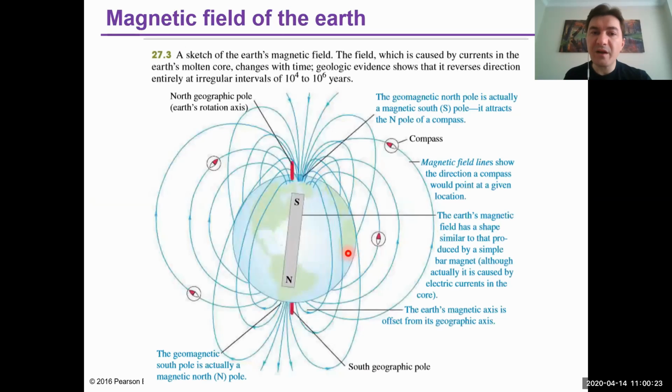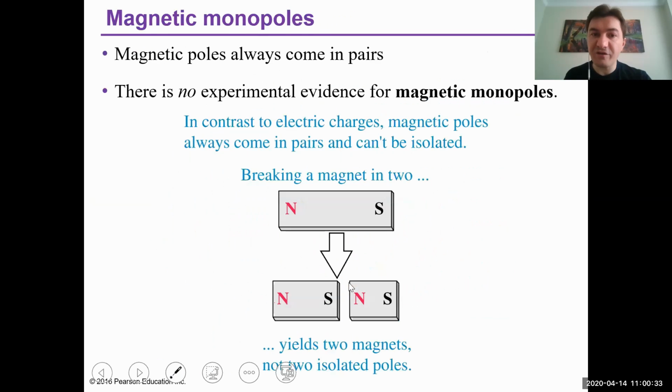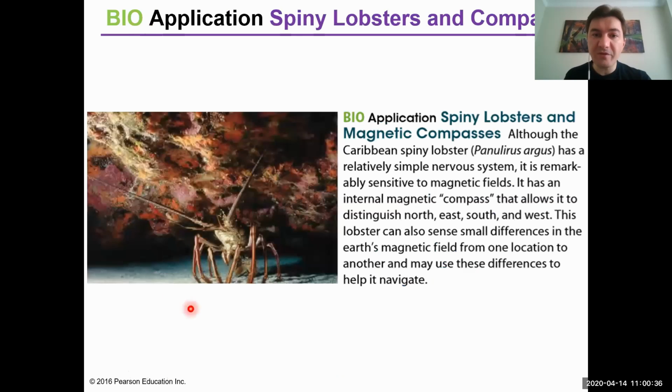Depending on the altitude, Earth's magnetic field also changes. So from one position to another on Earth, the magnetic field changes. This lobster can detect these small differences and may use them to help it navigate. So this is a very nice bio application.